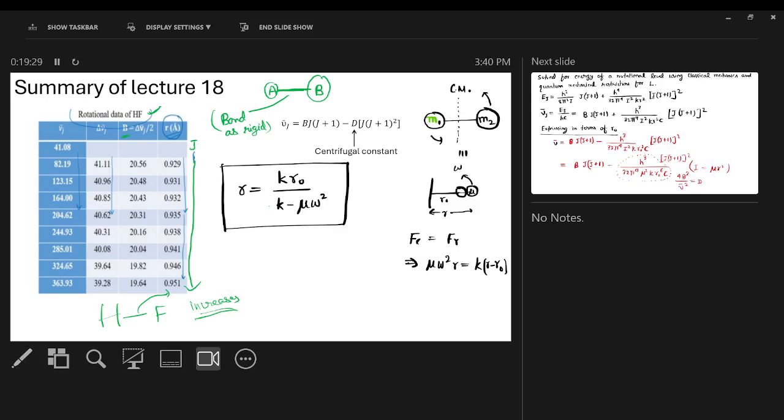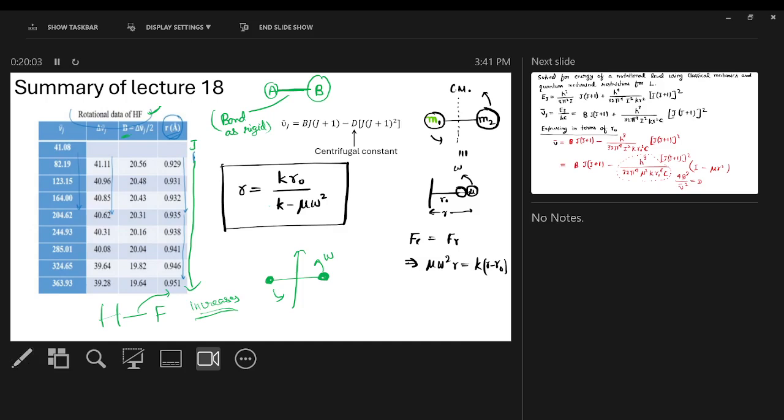So what does it mean? It means that while rotating, this bond will not be rigid, and as we increase the J value, that is, as we increase the energy, the rotation becomes faster and faster. Let's say this is your center of mass axis and this is our molecule, rotating along this axis. This is omega, the angular velocity.